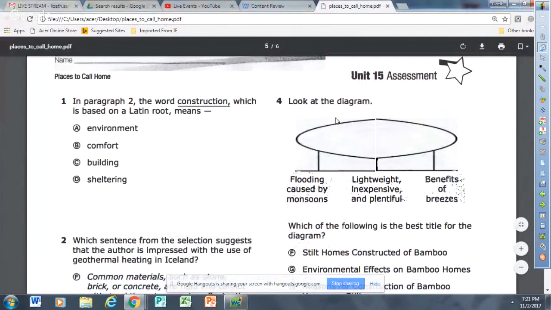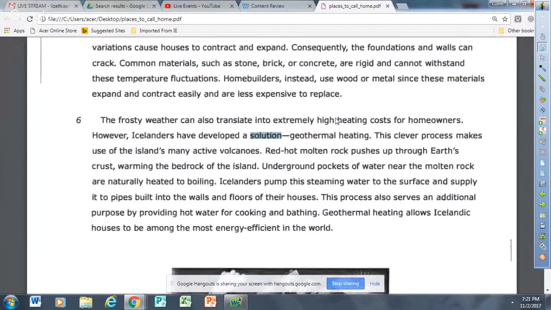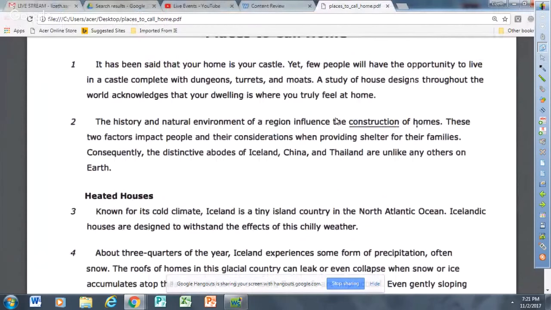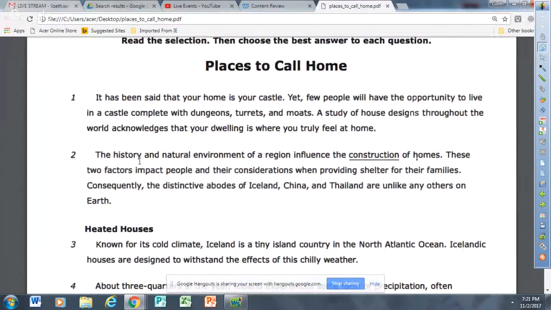So let's go back to paragraph 2 and looking at the word construction. The history and natural environment of a region influence the construction of homes.